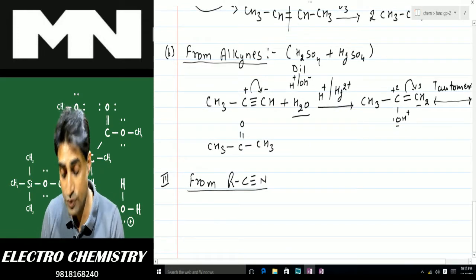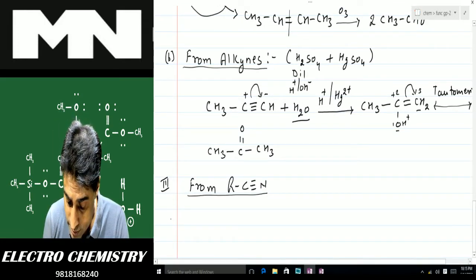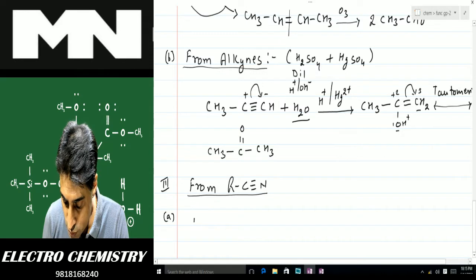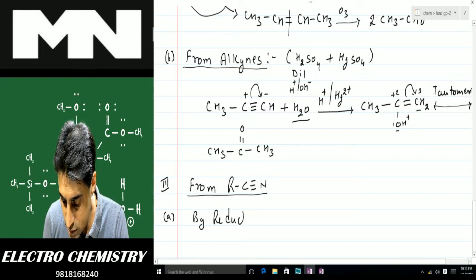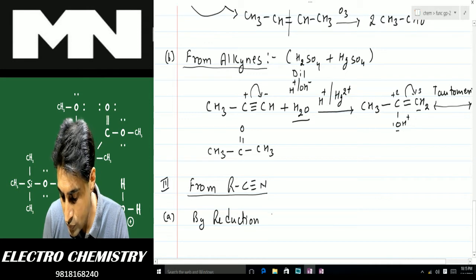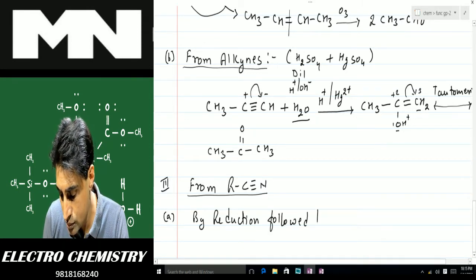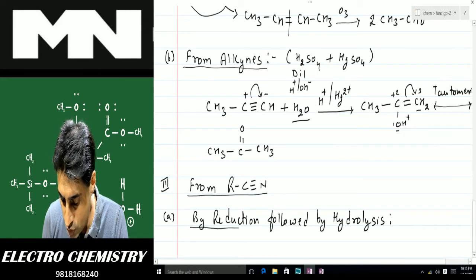Well, in that case, first we'll carry out reduction followed by hydrolysis. So this is what we can do.